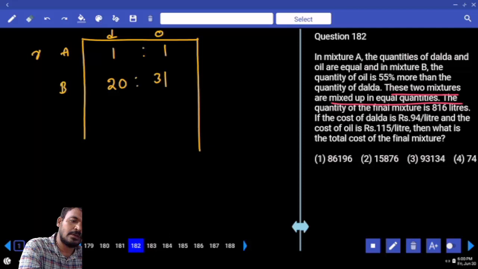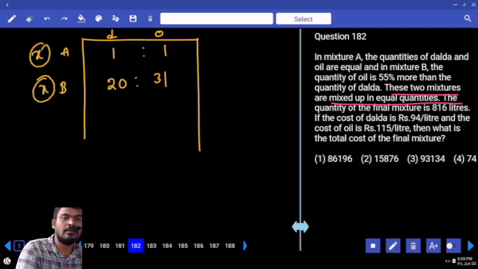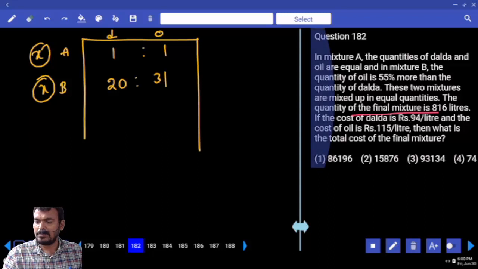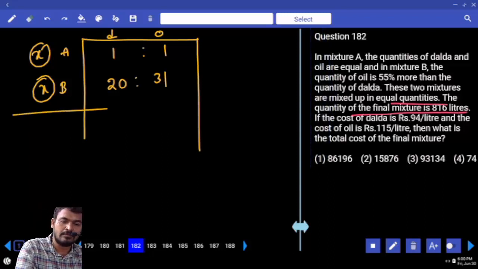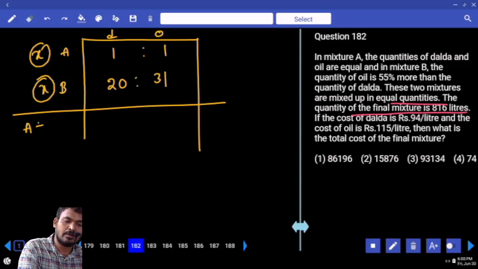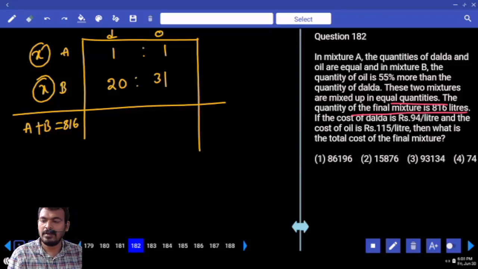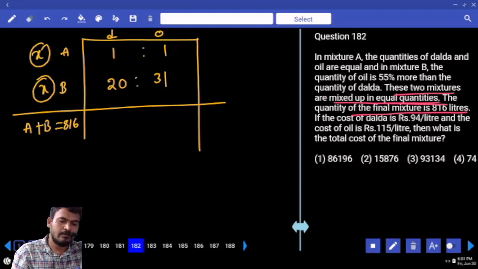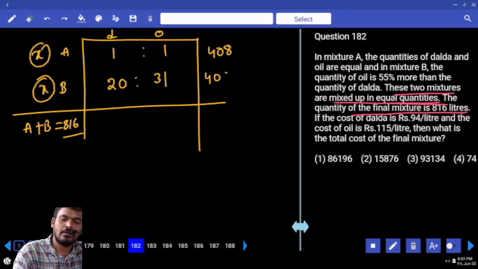If A is X, then B is also X. The quantity of the final mixture is 816 liters, which is the sum of A plus B. Since they are mixed in equal quantities, A and B are the same. Half of 816 is 408, so the A quantity is 408 and the B quantity is also 408.